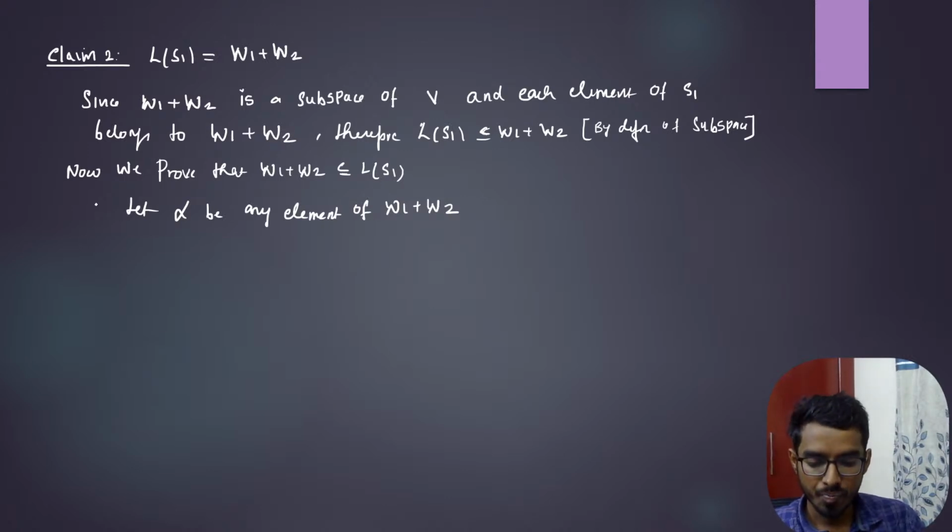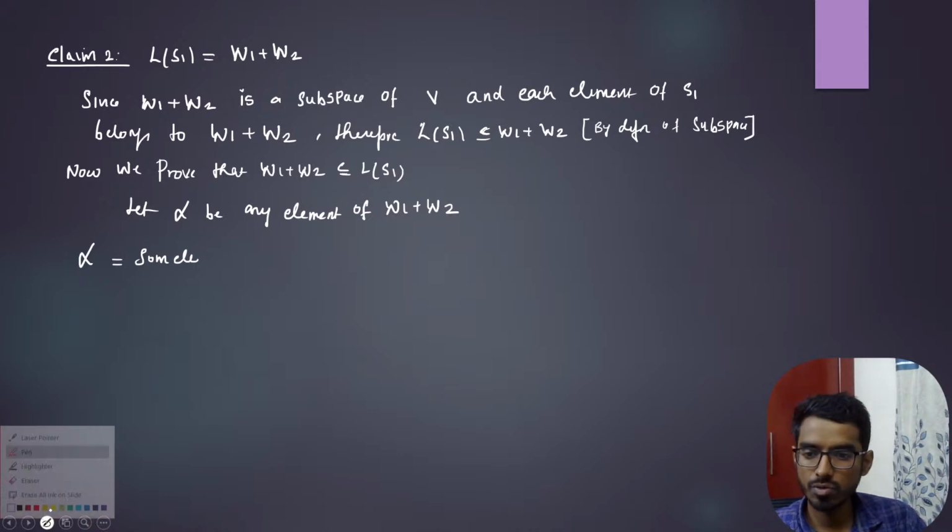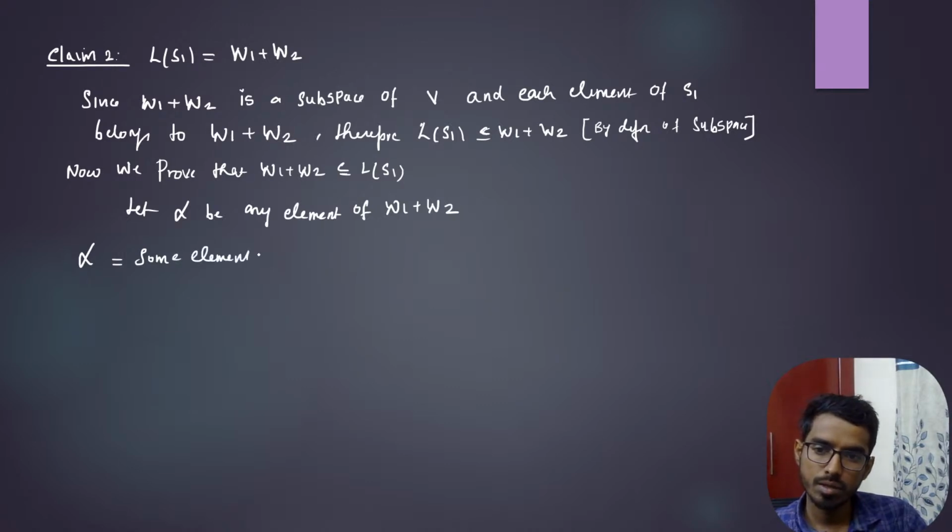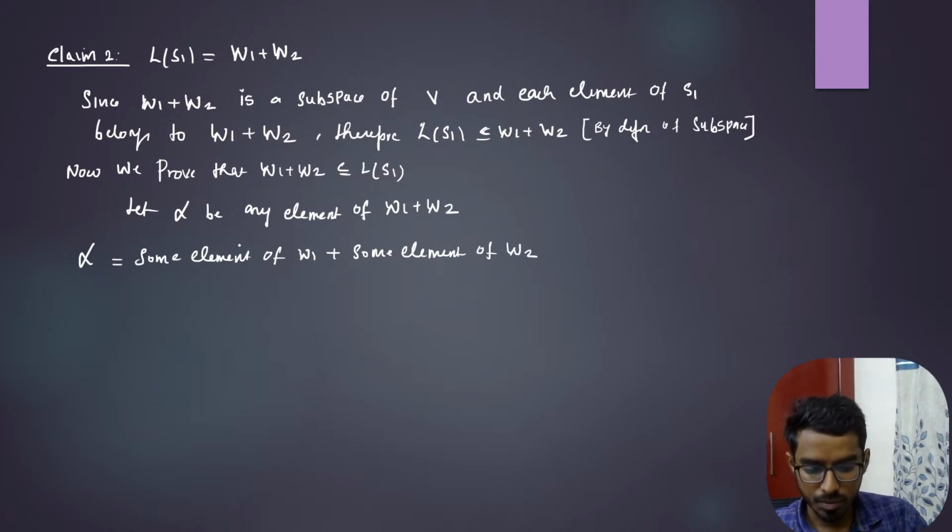Now, alpha be any element of W1 plus W2. So that means alpha is equal to some element of W1 plus some element of W2, right?